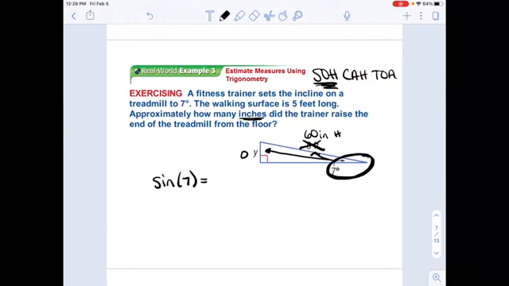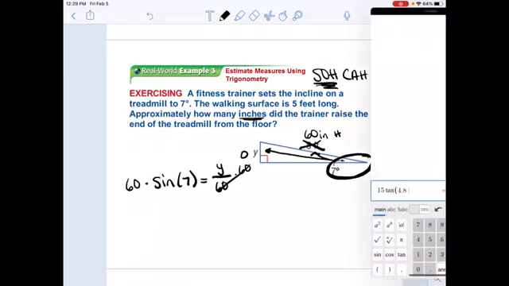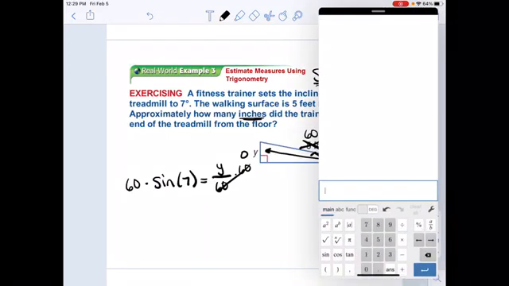Now just follow along real quick. We haven't had a problem like this yet. Equals my ratio opposite over hypotenuse. Now I do just need to solve for y, so I multiply by 60 on both sides. And I can go ahead and use this to solve for the inches off the floor.